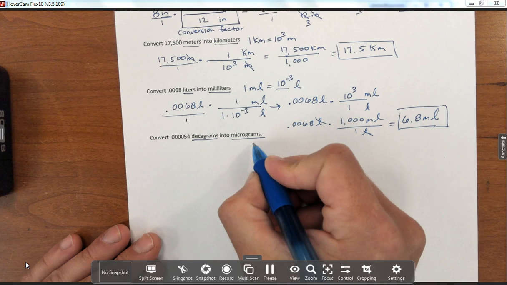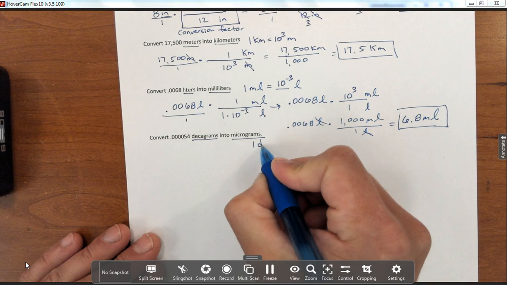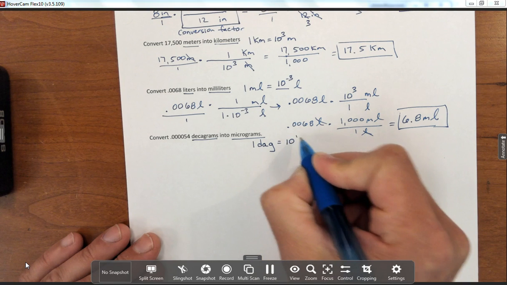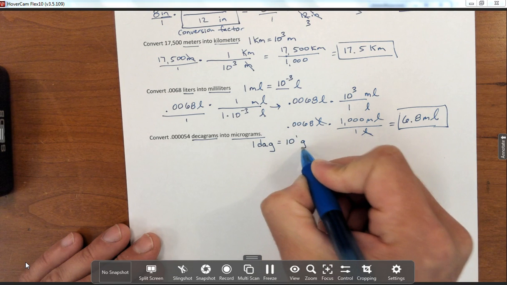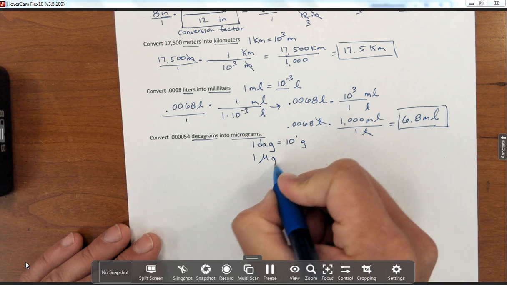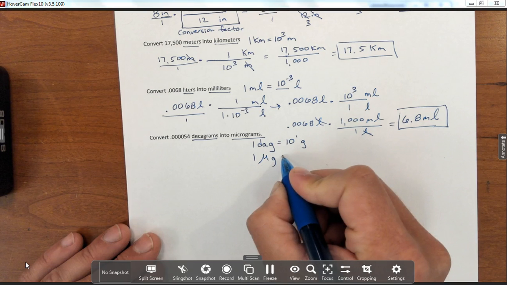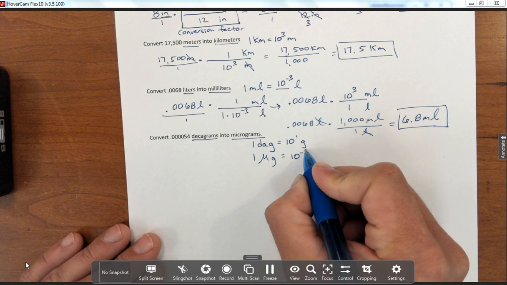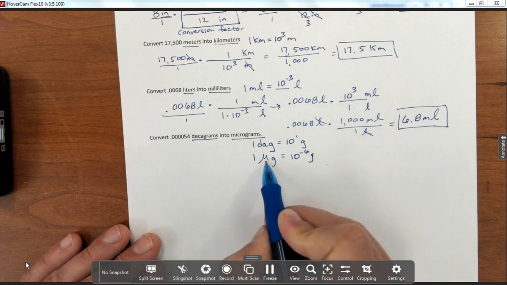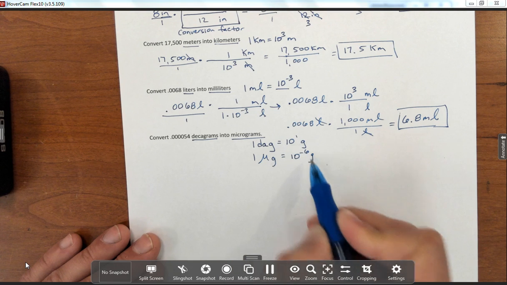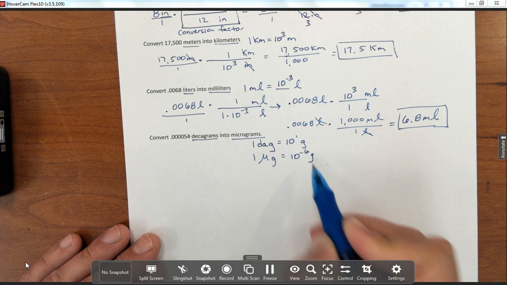The abbreviation for deca is DA. So 1 decagram was equal to 10 to the first grams. And then 1 microgram, the abbreviation is this mu, is equal to 10 to the negative 6 grams. Remember, it's one of the prefix equals that power of 10 shown of the base. So we're going to use these.